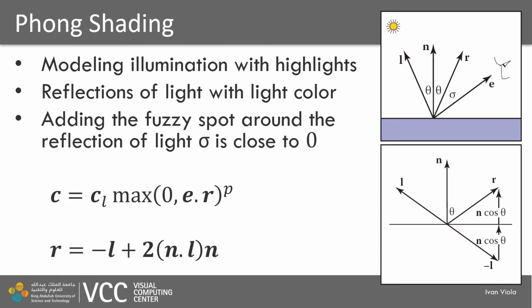Once we have our reflection vector, we can calculate our specular highlight component by having again the cosine term, which is then clamped to the 0, 1 range. And this highlight, however, is having just one frequency. For more glossy surfaces, it would not be a good representation.